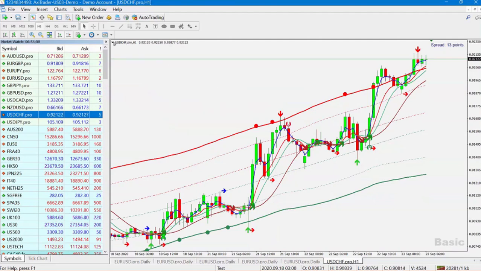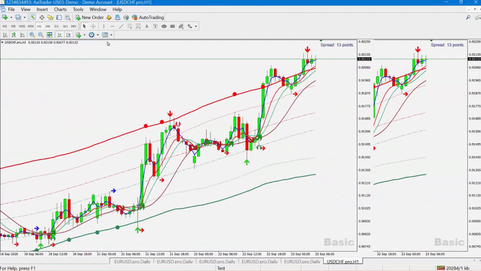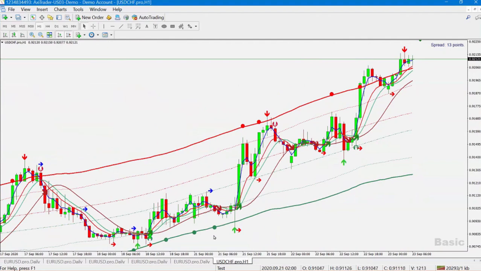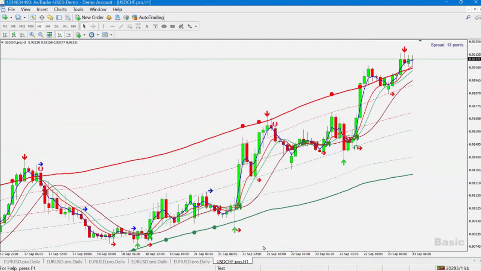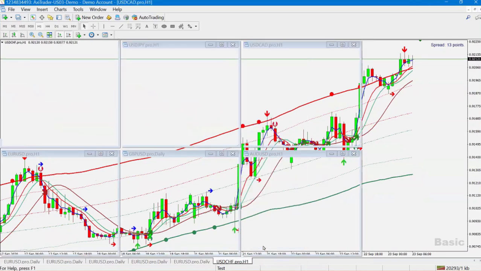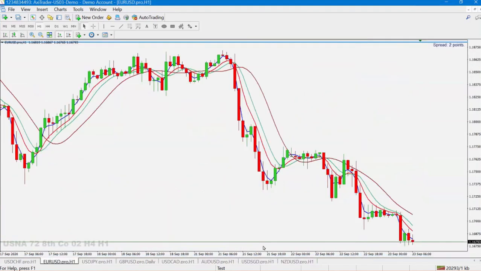And how can I confirm that the dollar is showing a lot of strength? Well, let's see if I've got that set up on my market overview. Looks like the market overview is coming in.